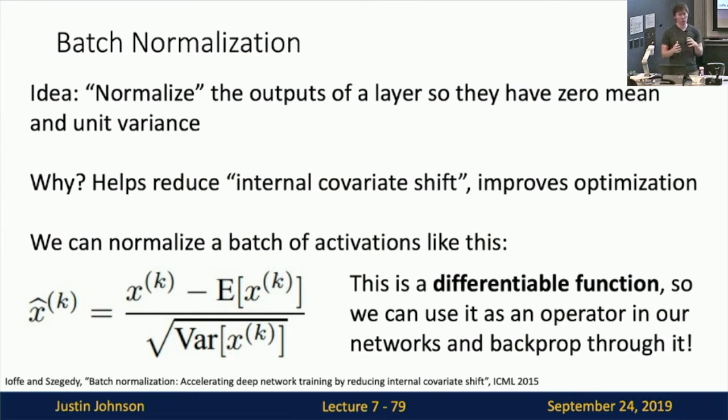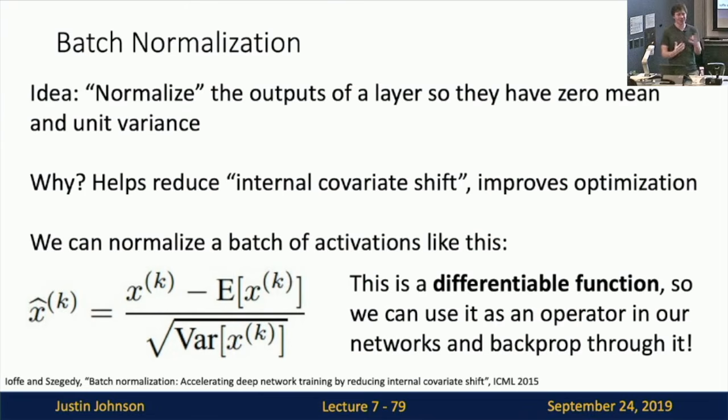To overcome this potential problem of internal covariate shift, the idea is that we want to standardize all of the layers to fit some target distribution. In particular, we want to force all of the outputs from every layer to be distributed with zero mean and unit variance. That means the next layer consuming those activations is hopefully seeing inputs from a more stationary distribution over the process of training.